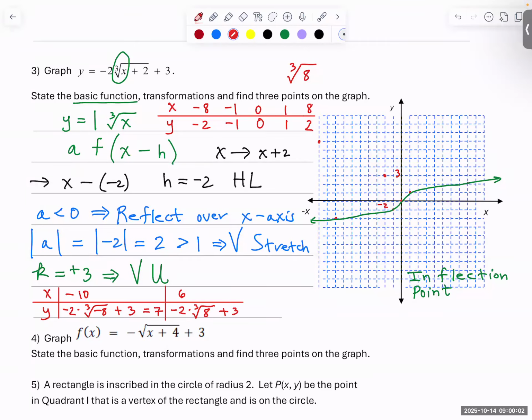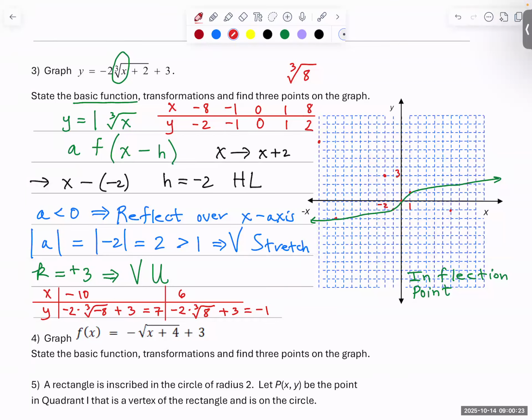So that's negative 2 times positive 2 is negative 4 plus 3 equals a negative 1. So let's go to 6, 1, 2, 3, 4, 5, 6, negative 1. It's about here.